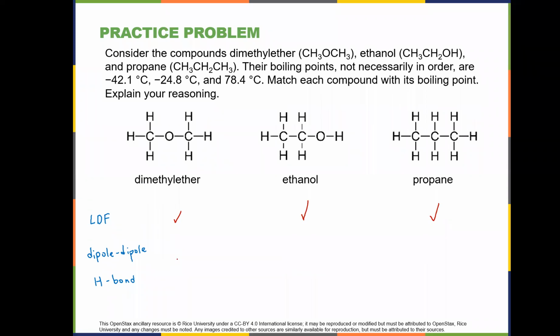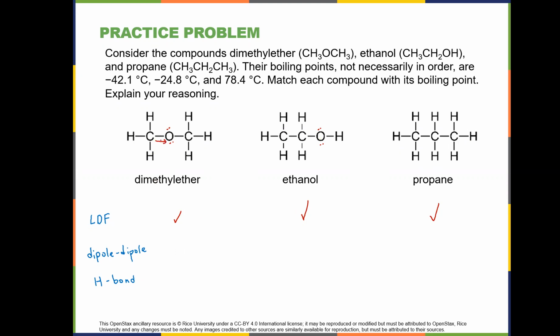In order to have dipole-dipole forces, we need to have polar molecules. So is this dimethyl ether polar? You can add in the lone pairs that are not quite drawn on these molecules. And in order to decide whether something is polar or not, we need to consider our Lewis structures, our VSEPR geometries, and the relative polar bonds that might exist in our molecule.